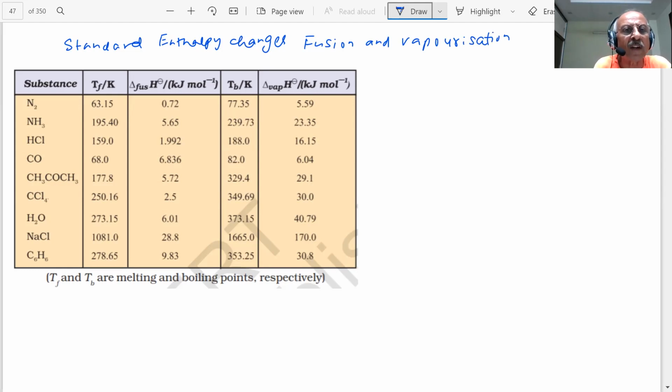See, the nitrogen fusion temperature is 63.15. This is Kelvin, student, not Celsius. Very low temperature. And the enthalpy of fusion is 0.72 kilojoules per mole.